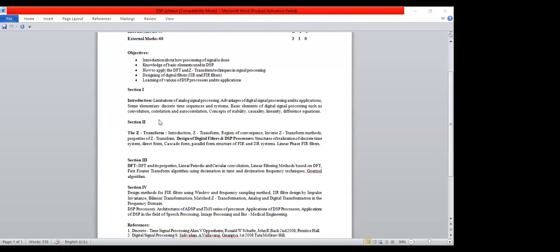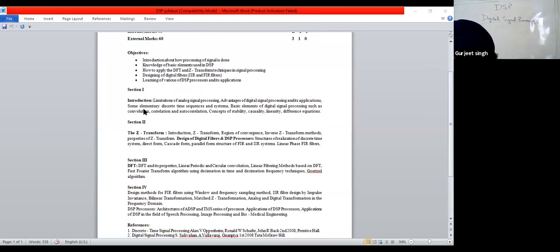Starting from section first, we have an introduction part, and in this unit we will cover the types of signals and types of systems that we have already covered in the signal and system subject. The first unit is almost 80% related to signal and system.